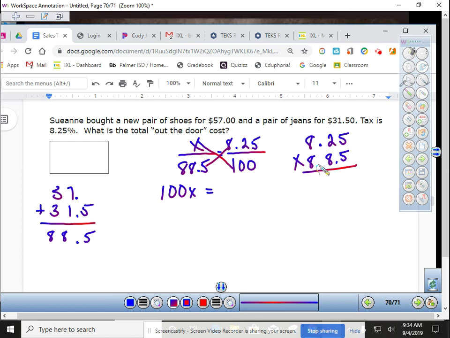It's not going to be that big. And if it is, my question is to you, because you're mature seventh graders now, do you know how to multiply three numbers together? If I said to you, multiply 8.25 times 88.5, can you do it? Yes, and I believe that you can. So you know what I'm going to do? I'm going to tell you what it is.